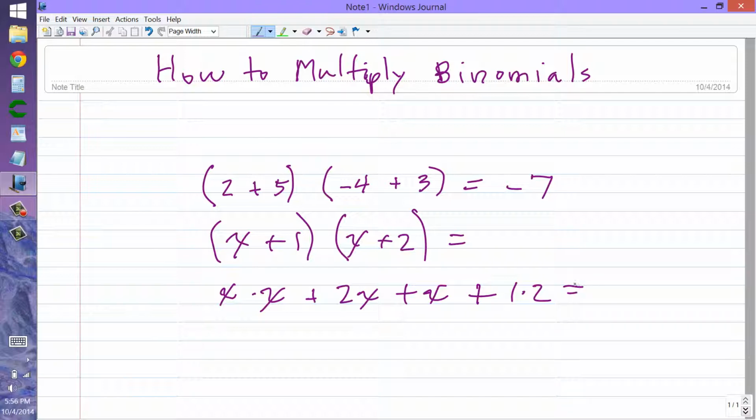So we add them up. x squared plus 2x plus x equals 3x, plus 2. So this expression, x plus 1 times x plus 2, equals x squared plus 3x plus 2. That is what we call a quadratic equation.